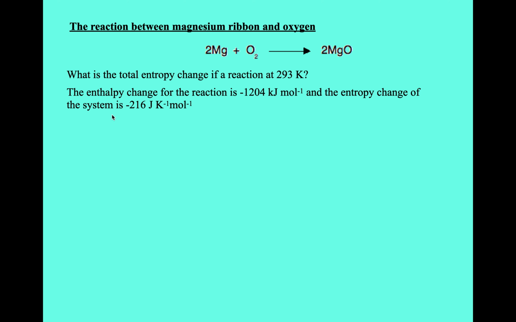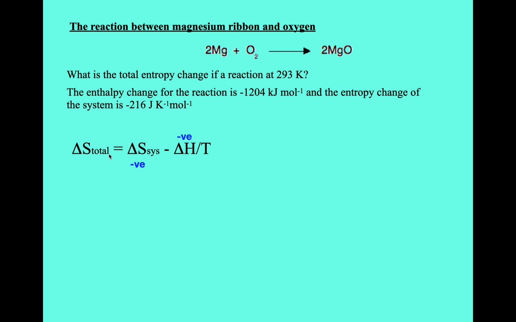Why? Well, if we've got a solid and a gas producing a solid, we're actually increasing the order of the system. If the order is increasing, then the entropy is decreasing. So magnesium oxide, a solid, has a lower entropy than the reactants here. So we know delta S of system is negative, but we know this reaction is spontaneous.